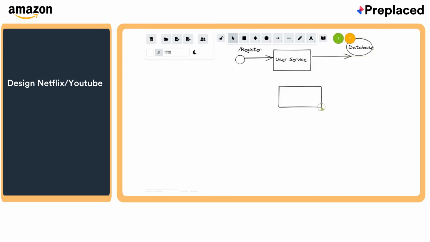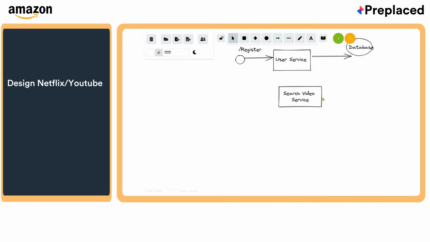For now, I'll call this the search video service. Since we might want a fuzzy search kind of a thing, we might not want to do exact search. Let's say I type in preplace, but I skip the R somehow. I still want to show people results for preplace.com, all the videos uploaded by this channel.